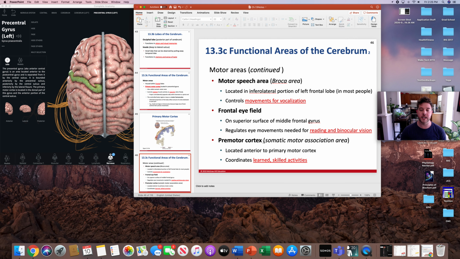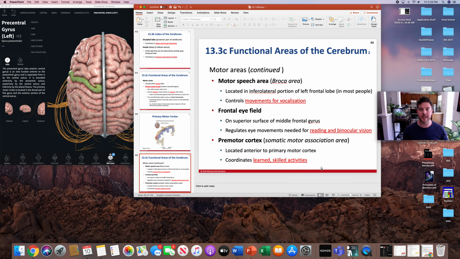So the premotor cortex, it's called a somatic motor association area. So you have your primary motor cortex, which is controlling a lot of the voluntary muscle movement, but then you have what's called association areas for all your functions, for both motor and sensory functions, that just help to fine-tune and regulate those larger functions. So this coordinates learned skilled activities. So things that you have done over and over again if you're a rock climber or going bicycling.